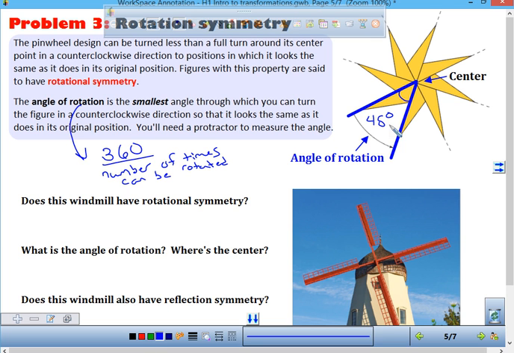So does it have rotational symmetry? Yes. What is the angle of rotation going to be if we can turn it 4 times? 360 divided by 4, not 45, 90.